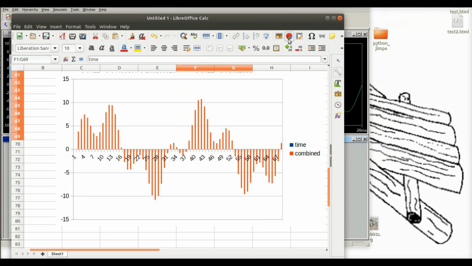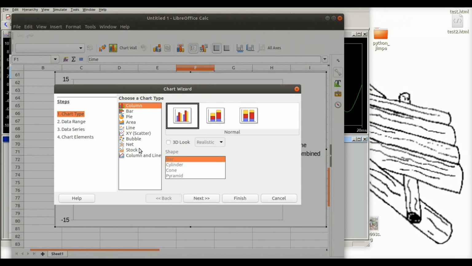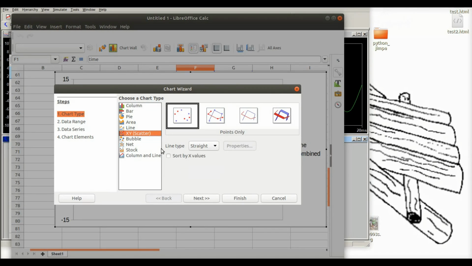Ah, yes, chart type. Usually with chart type you want XY scatter, and you can then go in and set what you want, whether you want points, you want lines, whatever. I like to have smooth lines, and that looks pretty good.